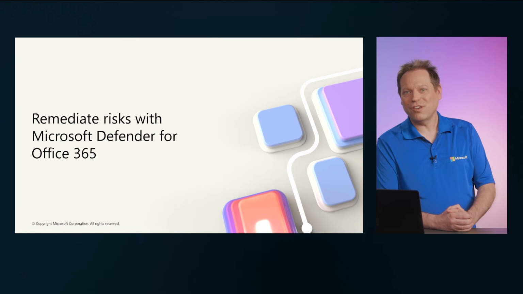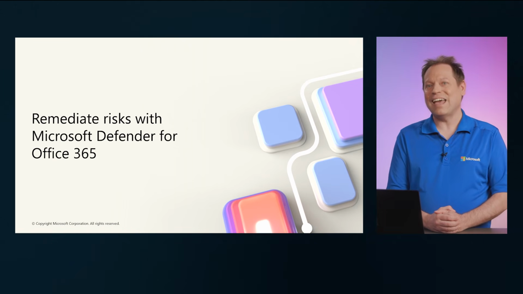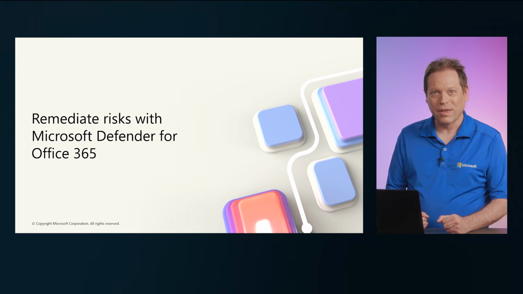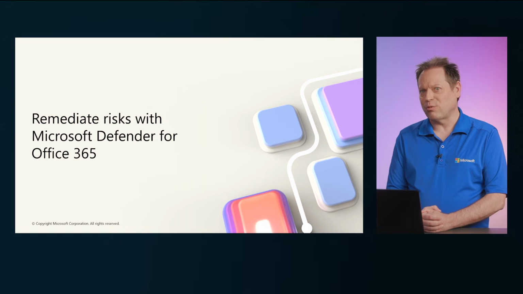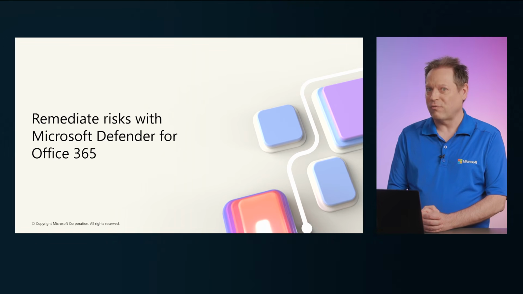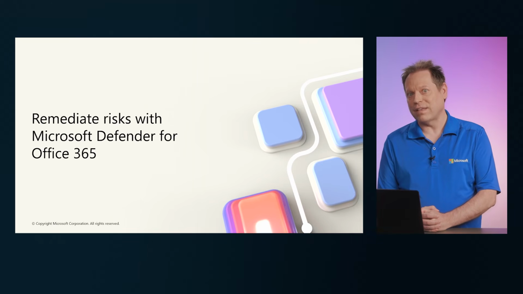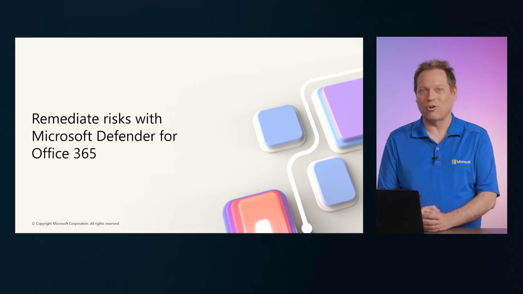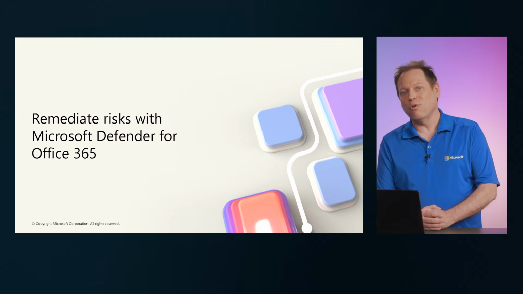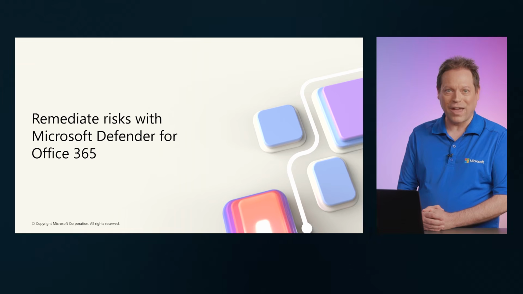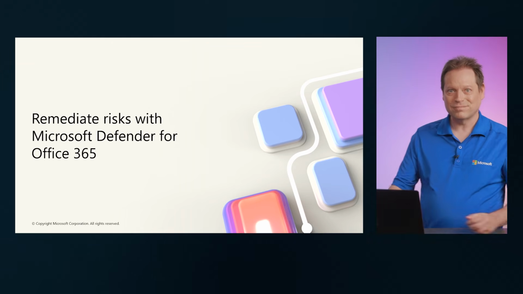Next, let's shift into one of the most common entry points for attacks: email and collaboration. Microsoft Defender for Office 365 is designed to prevent, detect, investigate, and remediate threats delivered through messaging and collaboration channels. And those capabilities connect directly with the broader Defender XDR experience.